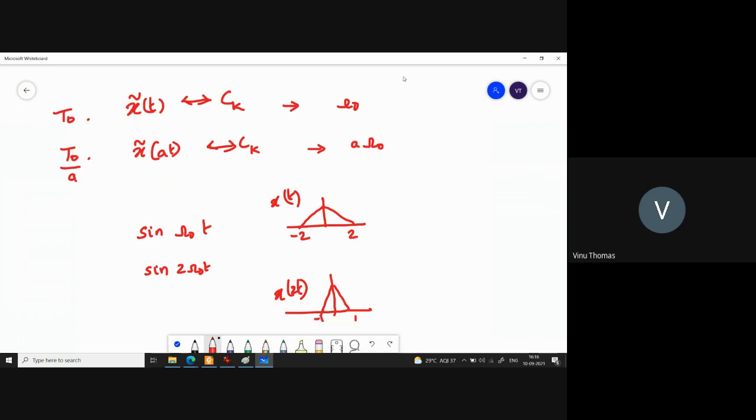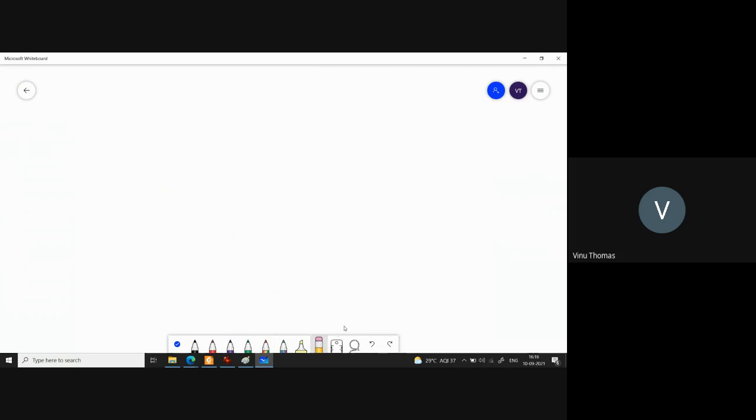And likewise, I can look at x of t by 2, which would be from -4 to +4. So when a is greater than 1, you have a compression, and when a is less than 1, you have an expansion. Okay, so that is time scaling.